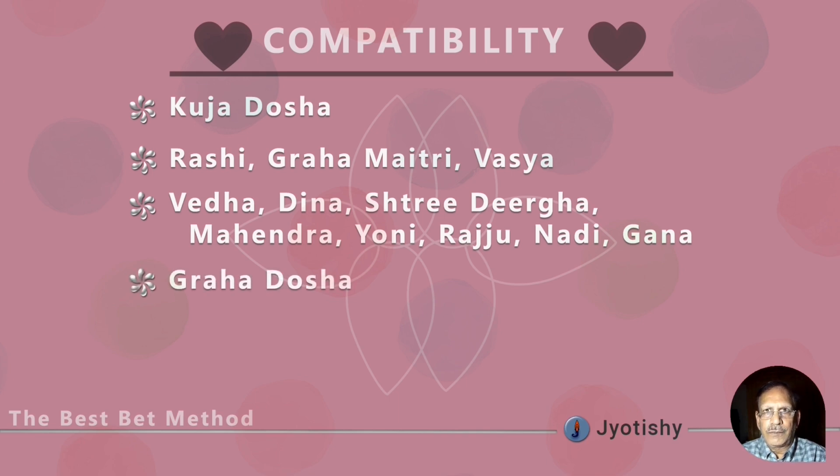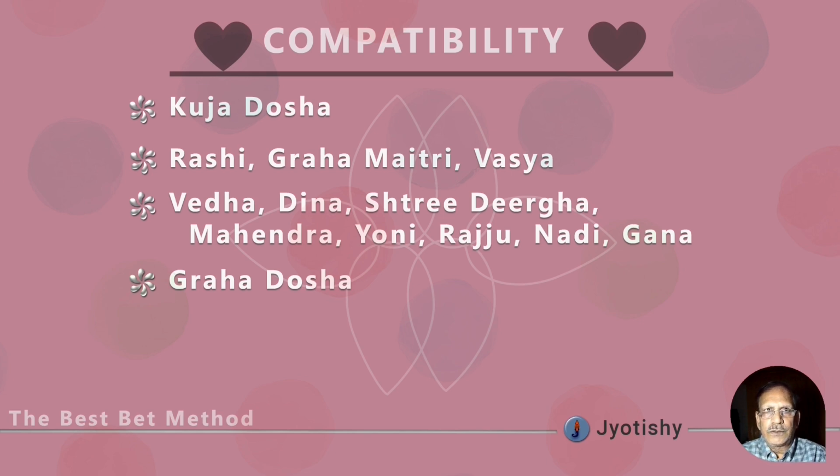Petal 4 is Graha dosha of Rahu, Sani, Ravi, Kuja, all the bad grahas. This is proposed by, I think, B.V. Raman sir, similar to Kuja dosha but applied to other grahas.